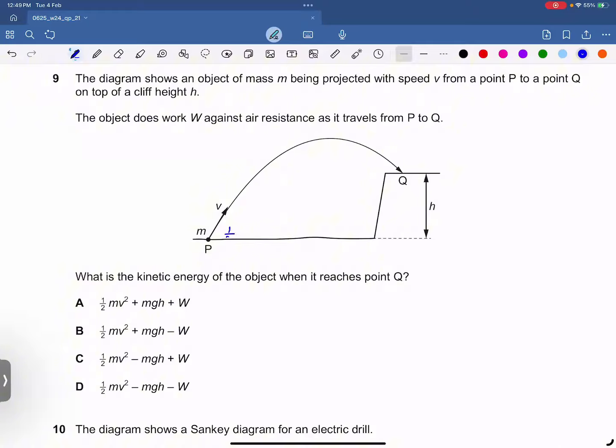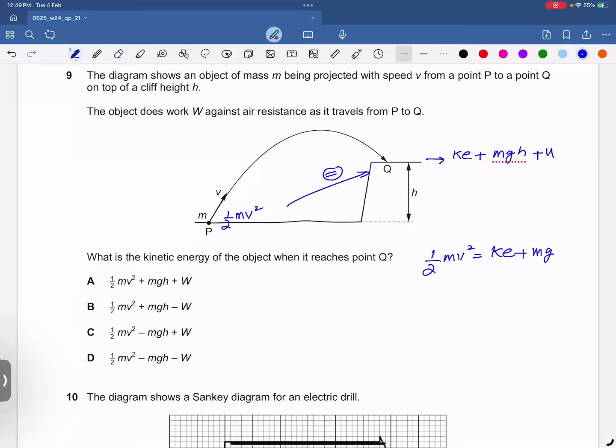At P, it has kinetic energy. Total energy was half mv squared. But when it reaches Q, its total energy is the kinetic energy plus the gain in mgh. If you equate these two, initial kinetic energy is equal to final kinetic energy plus mgh. And if there is a resistance, yes, there is work done against the resistance as well. So total energy is conserved. You rearrange to make kinetic energy the subject.